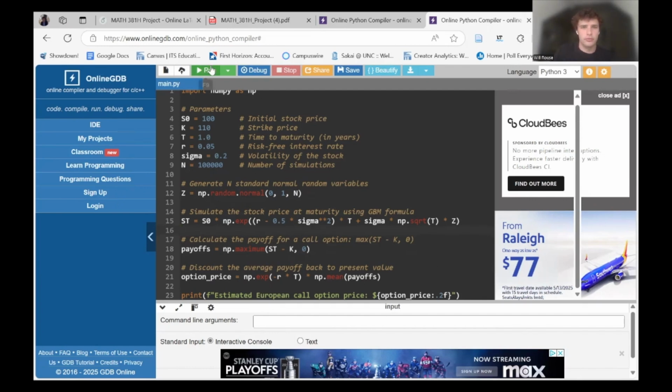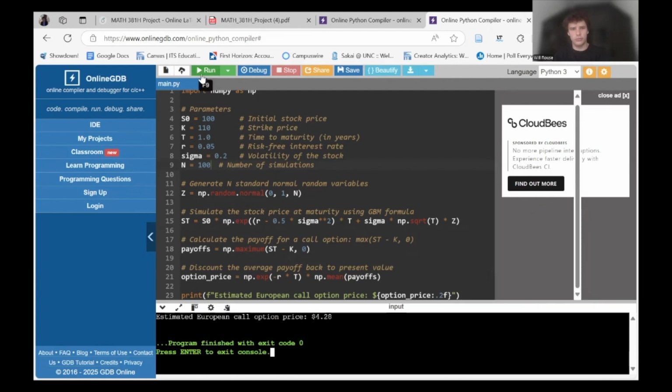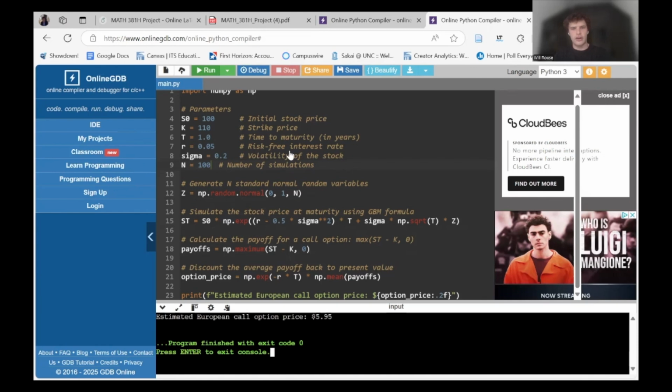So when given 1,000,000, let's start with 1,000. See what our average stock price is with 1,000, or our average price of this option cost. So 6.15. It's actually pretty close. Let's run it again with 100. 428. You see a pretty large distribution there. Then 687, kind of scattering all over the place.